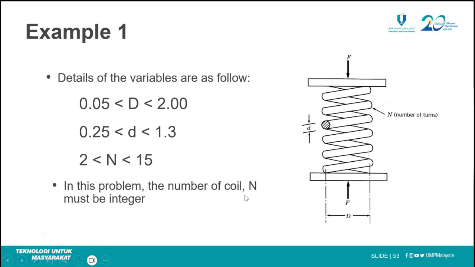In this problem, the number of coils must be an integer. This is not continuous data. This is integer or discrete data, so it can only take integer values for the number of turns. This is one of the examples.